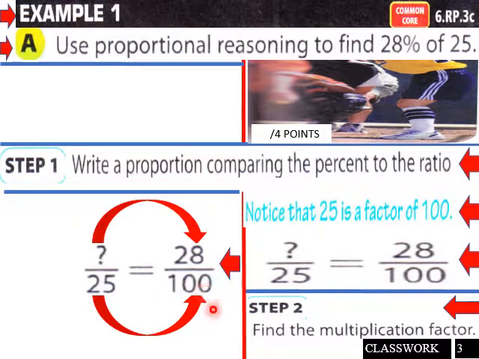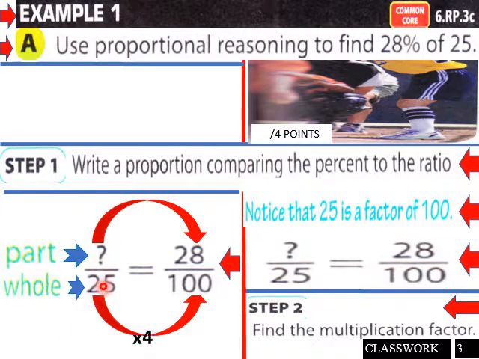So 25 will go into 100, and then whatever the factor is to 100, we have to use that factor to find what 28% is of 25. So here's our part. This is our part we're trying to find here, and then our whole is down here.